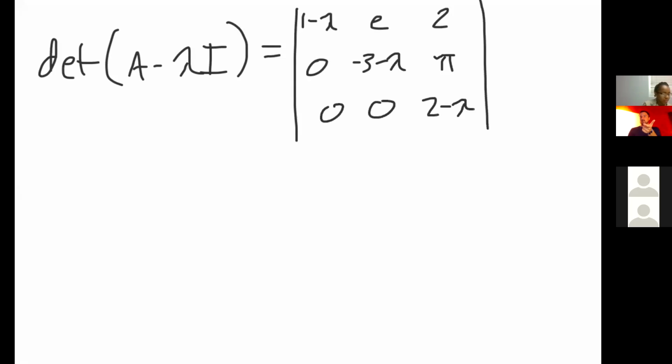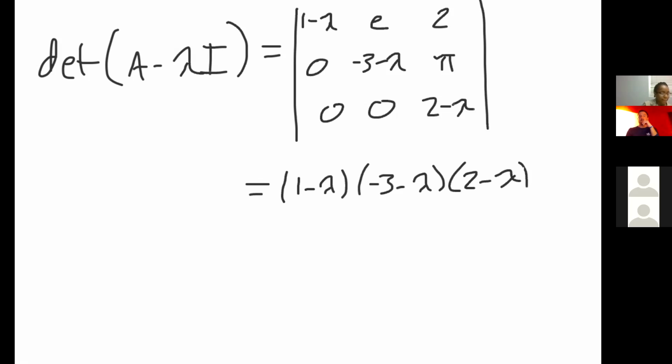That's the determinant of the matrix that we have to take to get the characteristic polynomial, and those are eigenvalues. But here again, like Chevy pointed out, you have that nice upper triangular matrix still, so this is where you'd be multiplying the diagonal elements together to get your determinant. So it'd be 1 minus lambda times -3 minus lambda times 2 minus lambda.